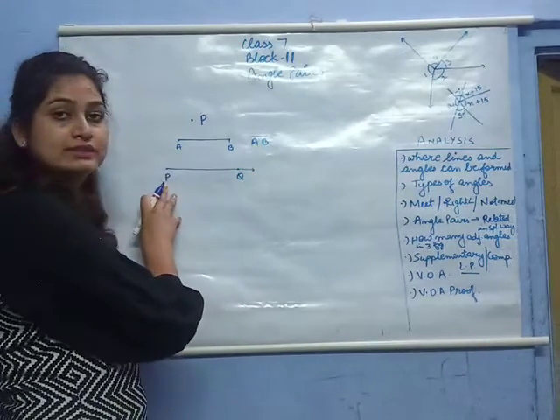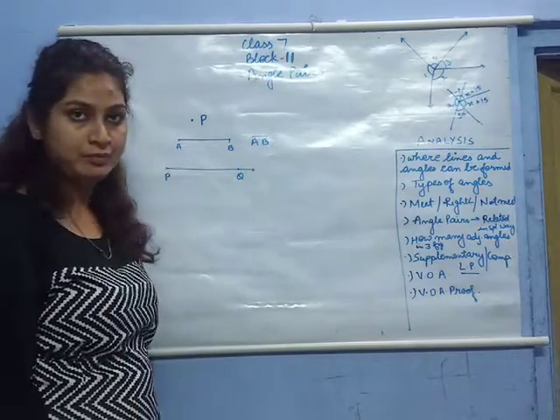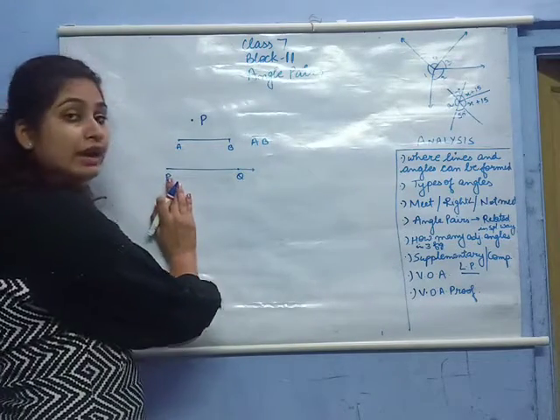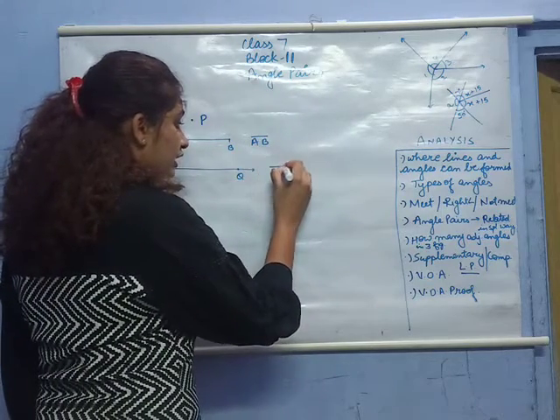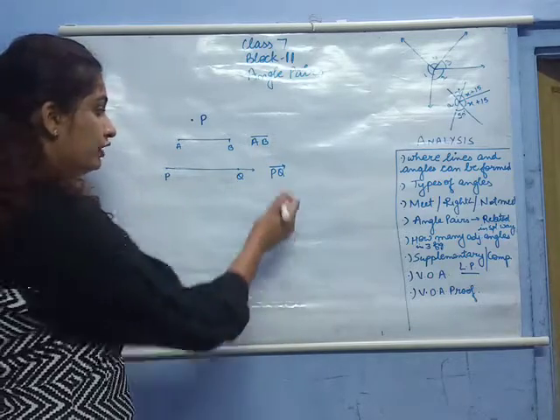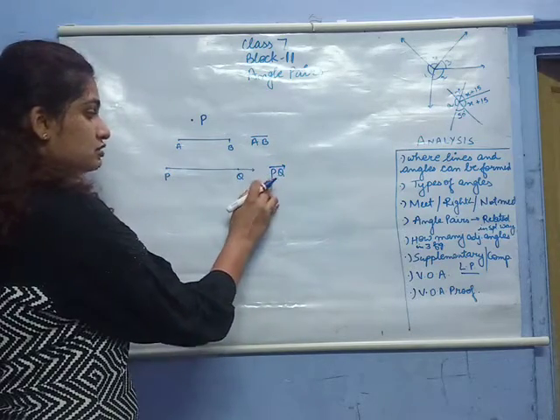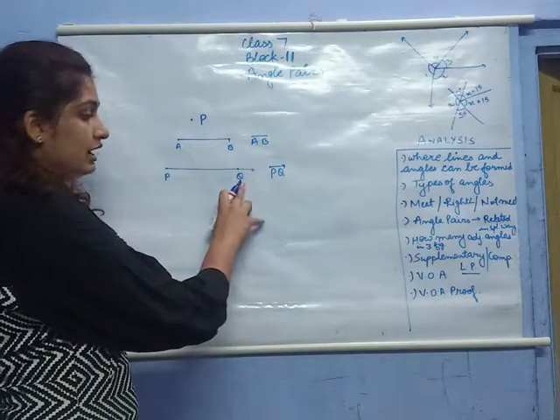One endpoint is fixed, but the other end is extended. It has only one endpoint. We can represent a ray with a one-headed arrow. The fixed point is on the side where it is fixed, and the arrowhead is on the side where it extends.